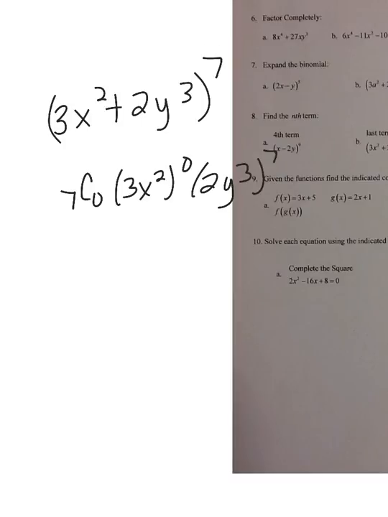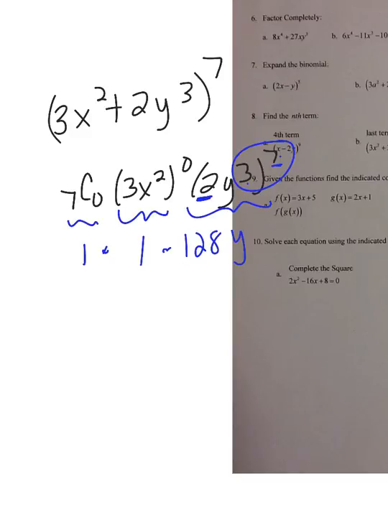So 7c0 is 1, times 3x squared to the 0, anything to the 0 power is 1, times 2y to the 3rd to the 7th power. So don't forget to do 2 to the 7th is 128. And remember, a power to a power, you multiply the power, so that's y to the 21st power. So it's just 128y to the 21st power.